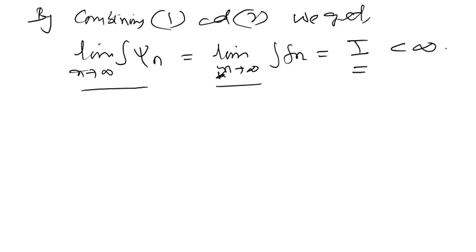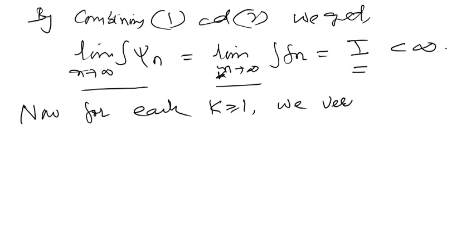So now for each k greater or equal to 1, we verify this thing: psi n meet k times chi E. This is increasing, because psi n is increasing.